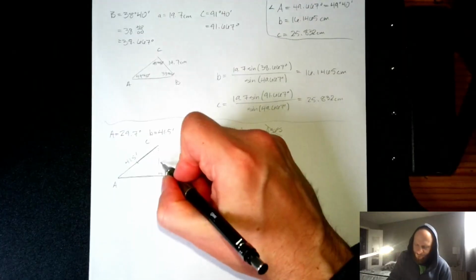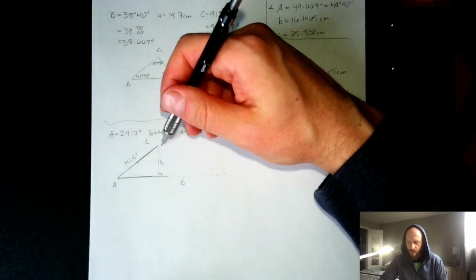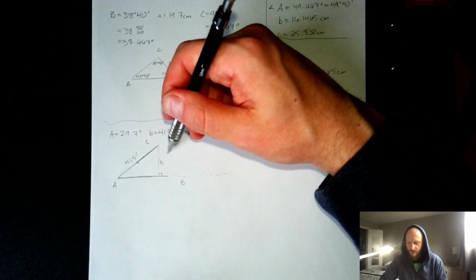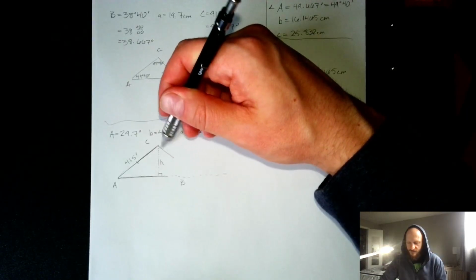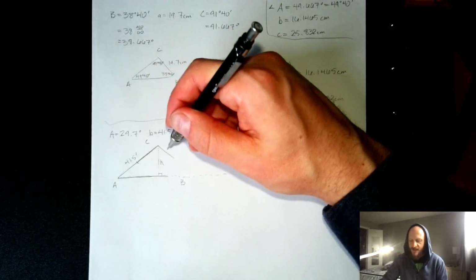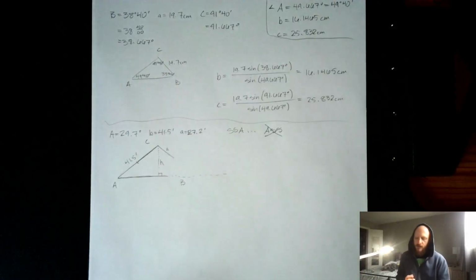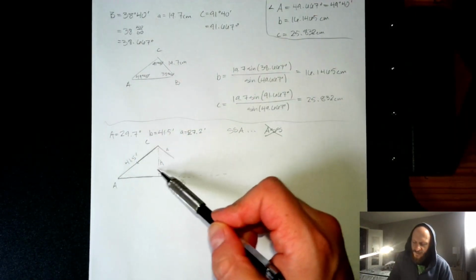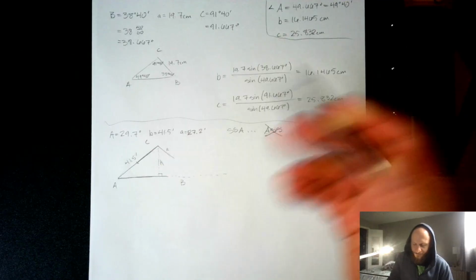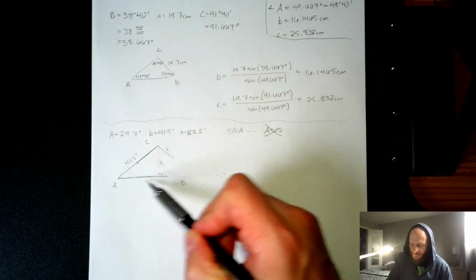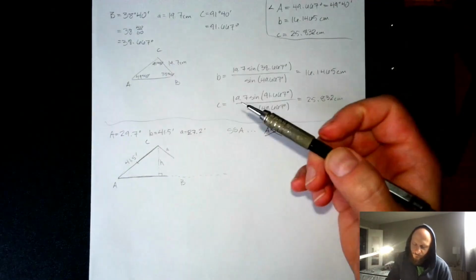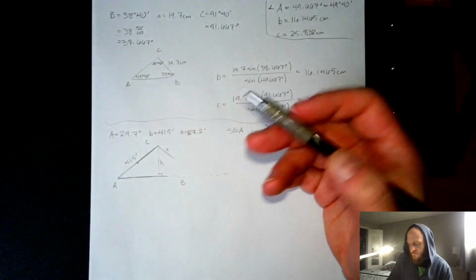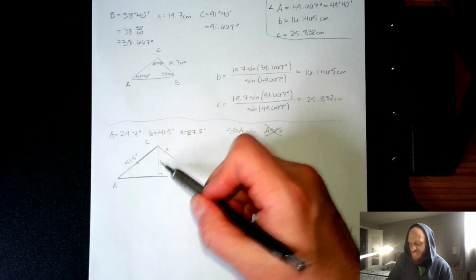Here's the height. We need to compare A to the height, because if side A is less than the height, then no triangle is possible, because side A won't actually connect with this bottom piece. So we need to find side H.